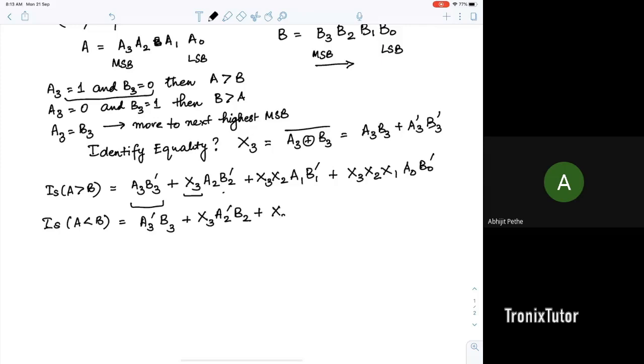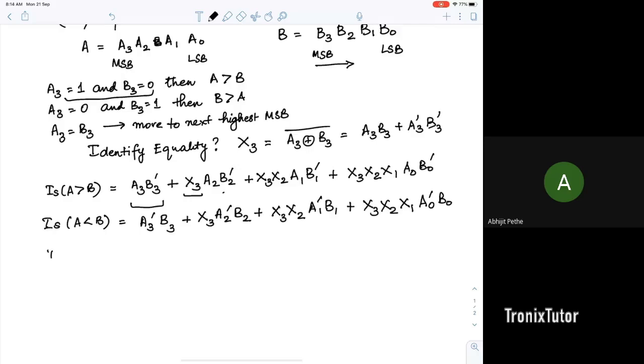Similarly, X3 X2 A1 bar B1 plus X3 X2 X1 A0 bar B0. So this is going to be my output for A less than B.